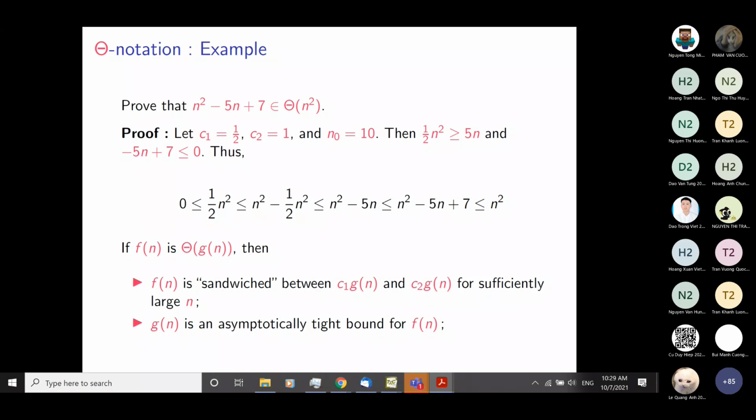It's always stronger to be able to prove that the running time of a function is in theta of something. It's always a stronger result than an upper bound or lower bound. But for some functions, it is not possible to find this.